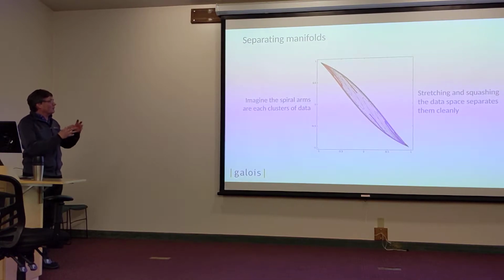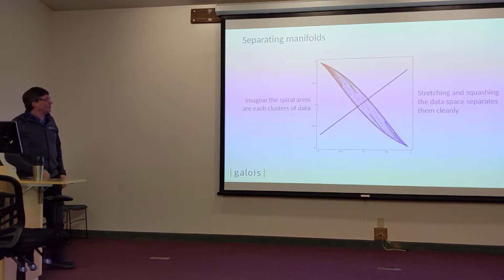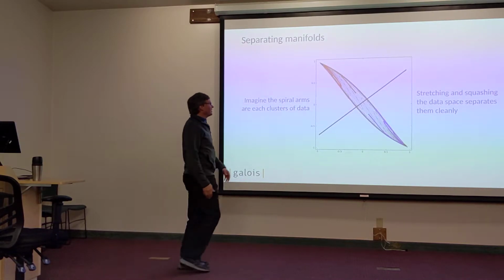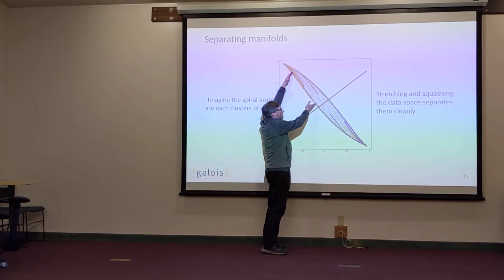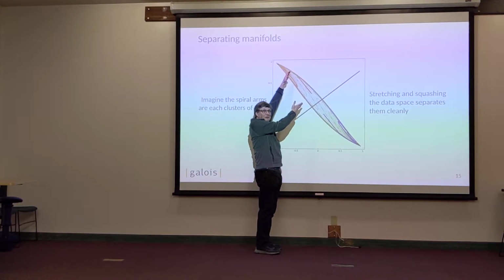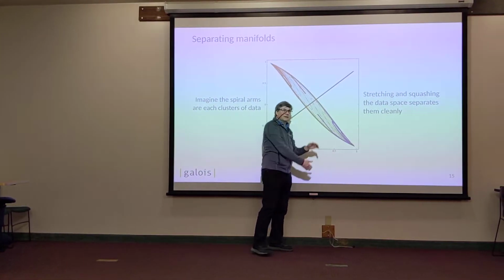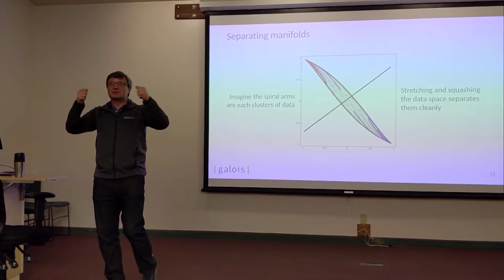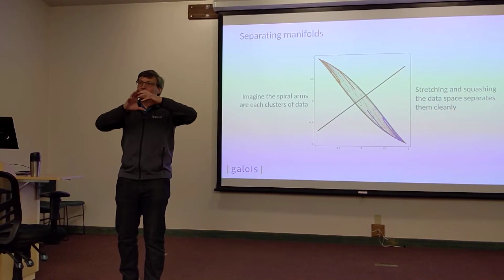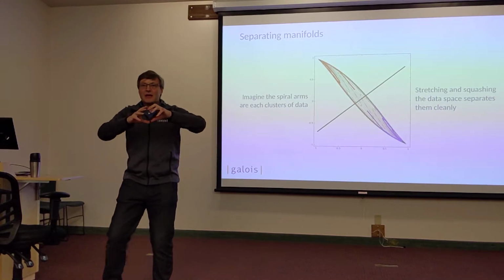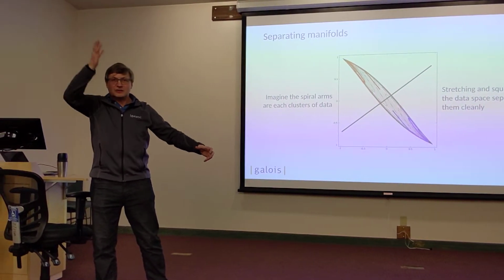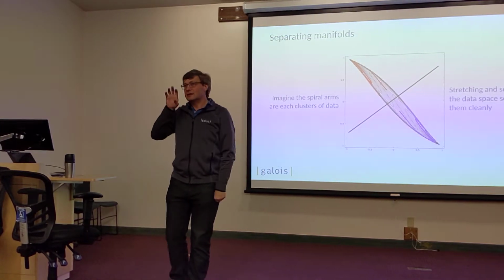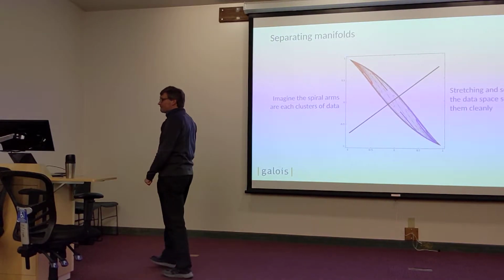And now we've got the red ones at one side and the blue ones at the other side, and we could draw a line and say, I'm going to consider everything on this side of the line as being a red data point, and everything on this side of the line as being a blue data point. And it's really cool, just by doing stretching and squashing, you're able to do that to the data space, and that moves the data apart in such a way that you can draw these clean lines and say, this is one kind of data, this is another kind of data.